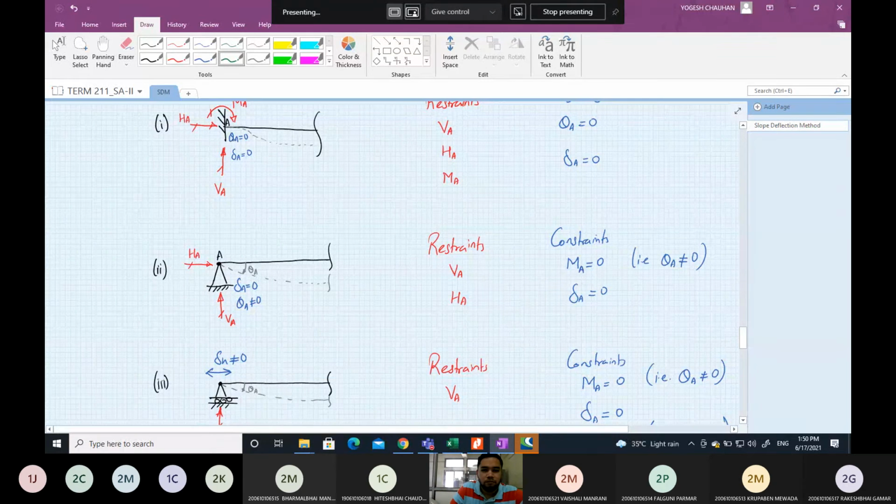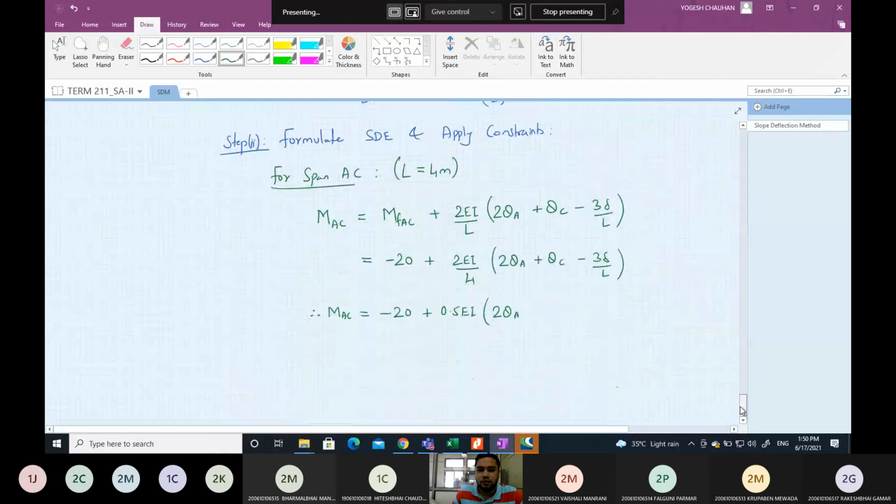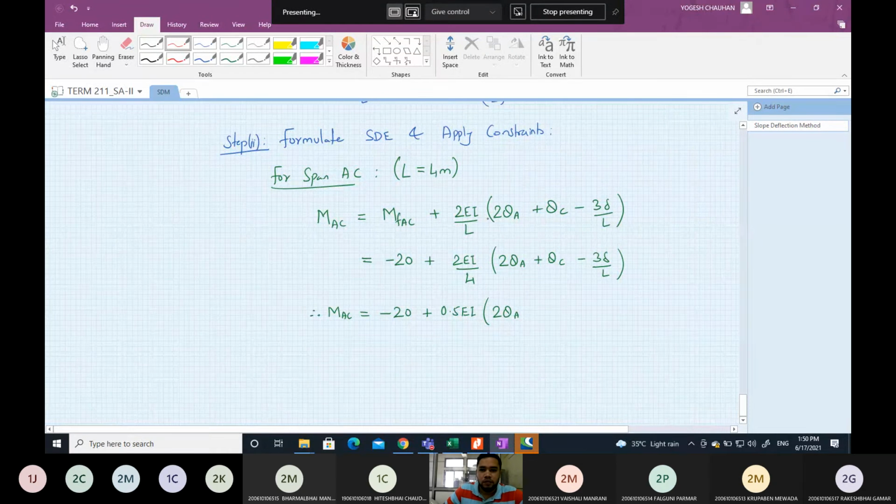The slope at A, the fixed support, is 0. So your theta A is actually 0, so this term will be 0.